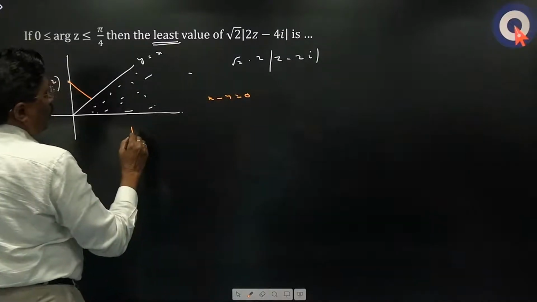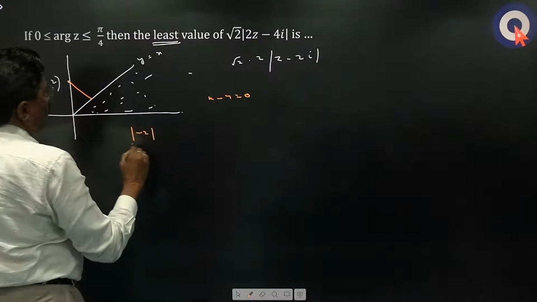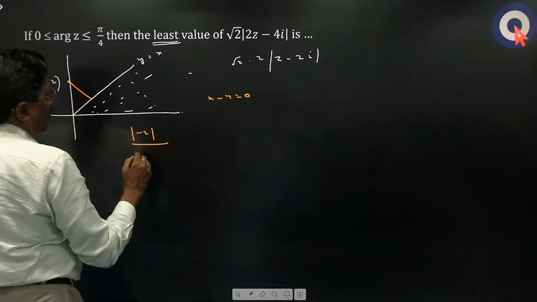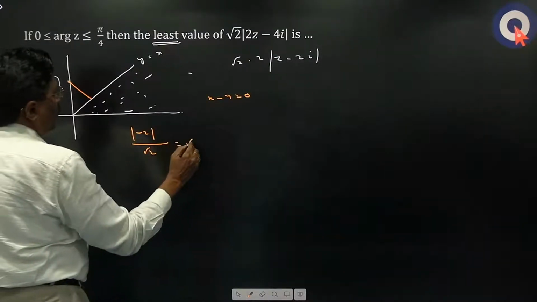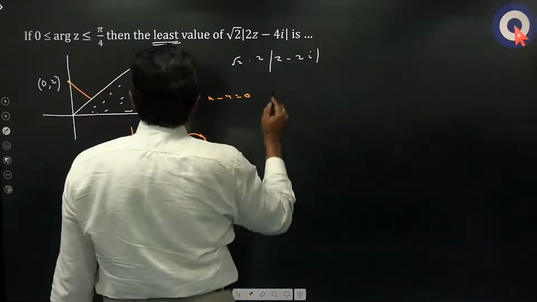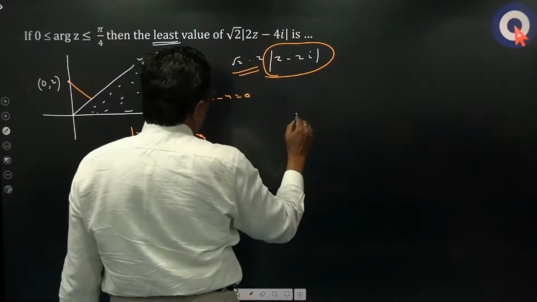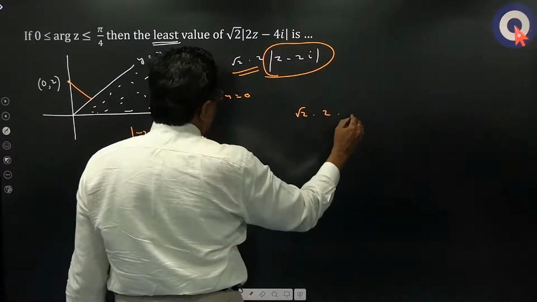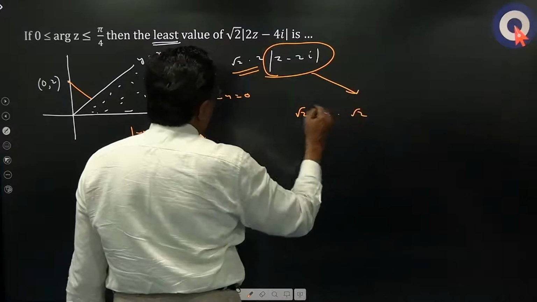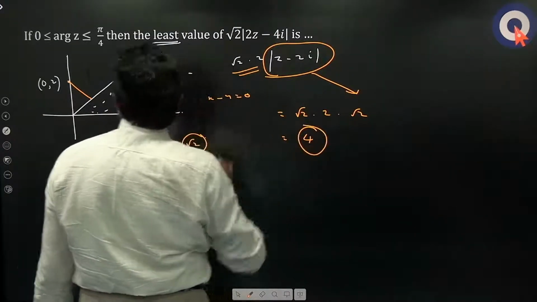So it is 0 minus 2 by root of 1 square plus 1 square. So root 2. So you are getting root 2 here. Therefore the minimum value of this is root 2. So you already have root 2 into this root 2. So the required minimum value is 4 basically. So the required answer is 4.